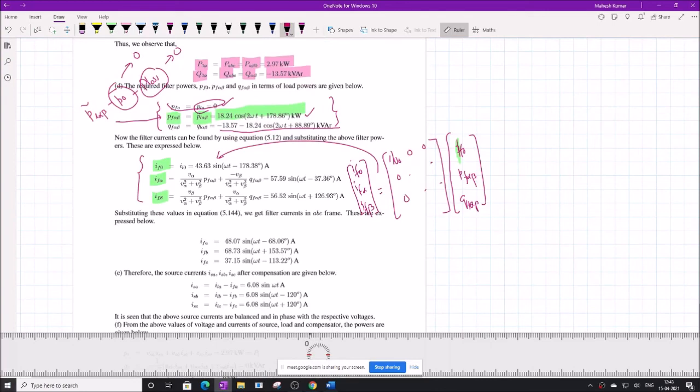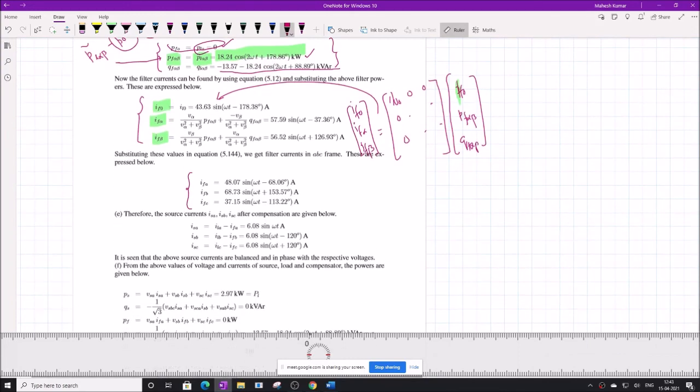Once we know IF0, IF alpha, IF beta, we can compute by inverse alpha beta 0 transformation IFA, IFB, IFC. And once we know IFA, IFB, IFC, we can find ISA, ISB, ISC. Why? Using Kirchhoff's current law at the point of common coupling, because ISA is nothing but ILA minus IFA on a phasor basis.